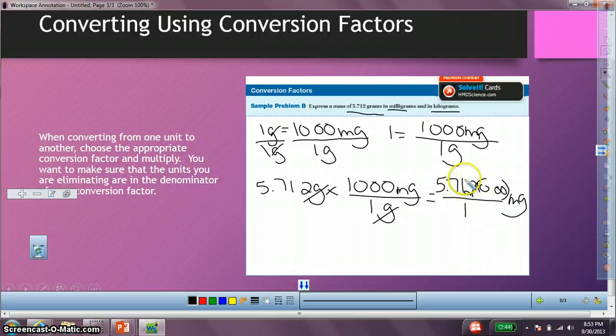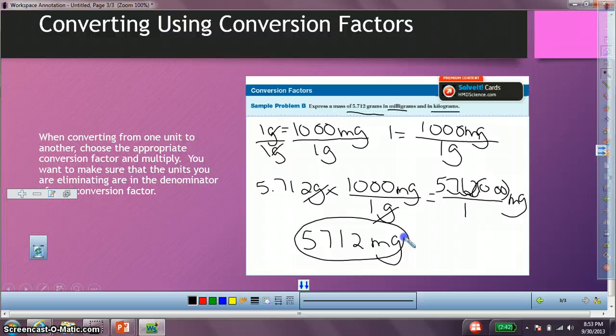Now we'll do our computation. 5.712 times 1,000 means we move the decimal place to the right 3 units. 1, 2, 3. And when we divide 5,712 by 1, we get an answer of 5,712 milligrams. That's the first part. Convert 5.712 grams to milligrams.